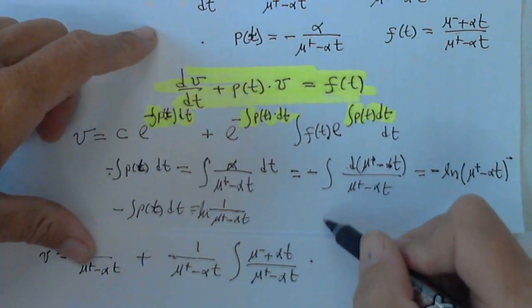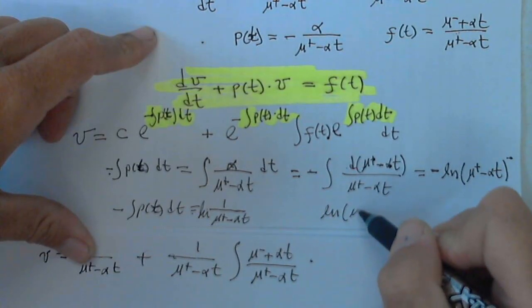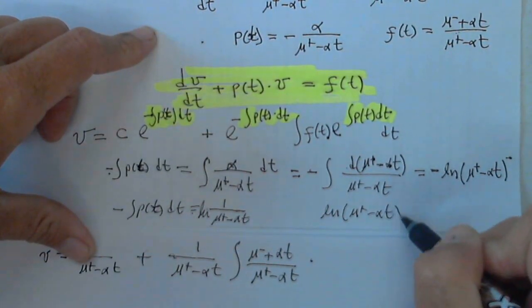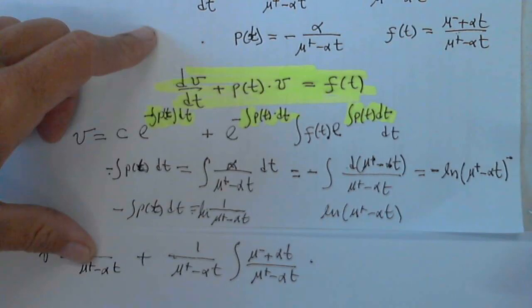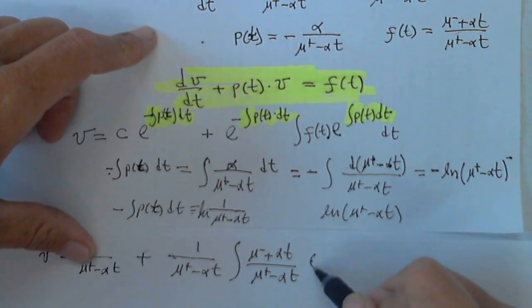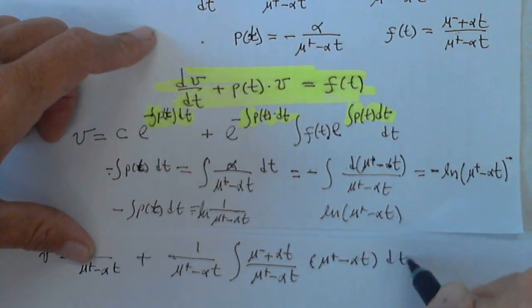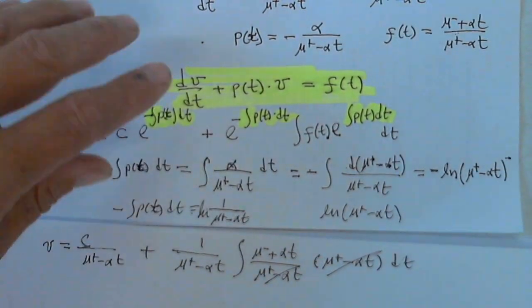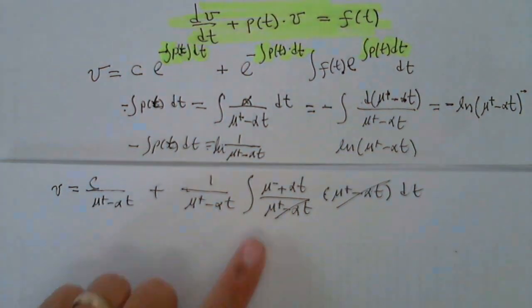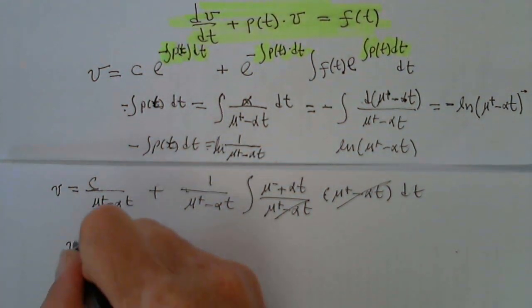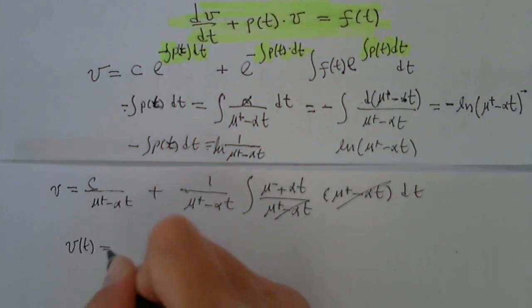It is going to be like this. And if I take log of that, look what happens over here. This cancels, and I just need to integrate a polynomial, that is easy. So this is my function of time.